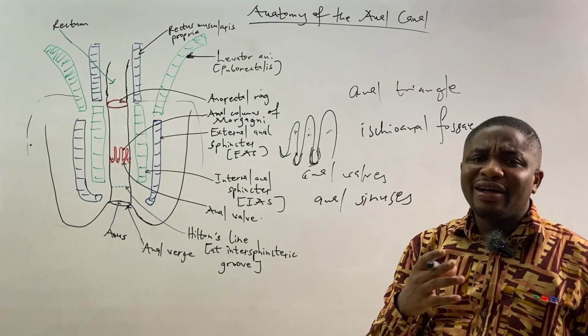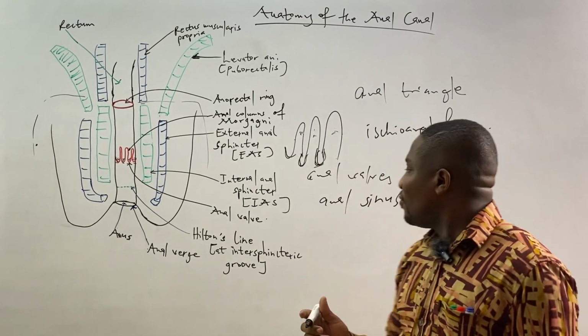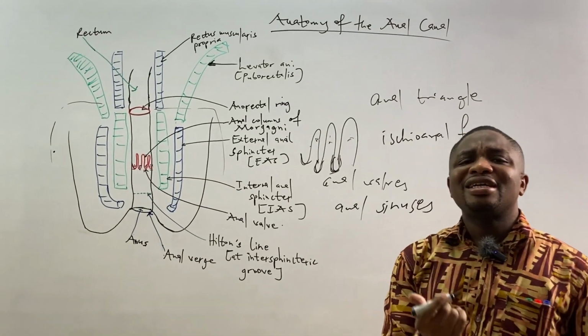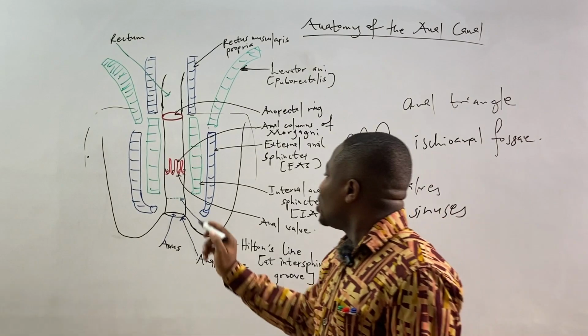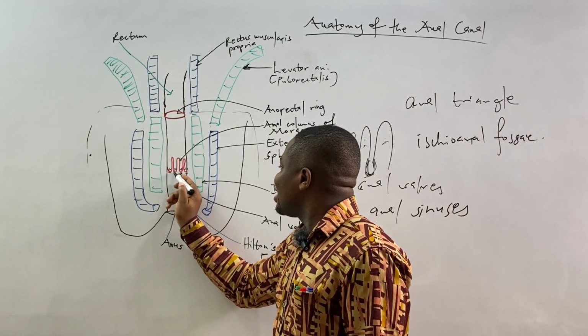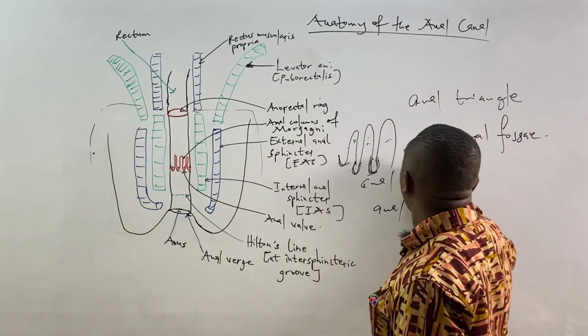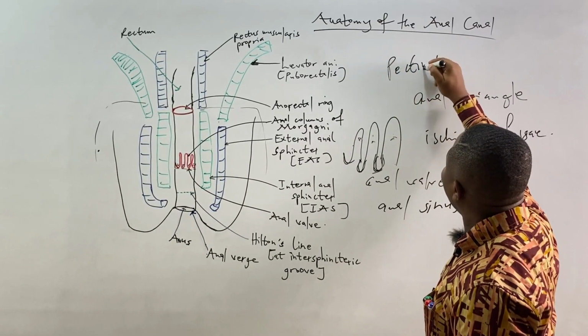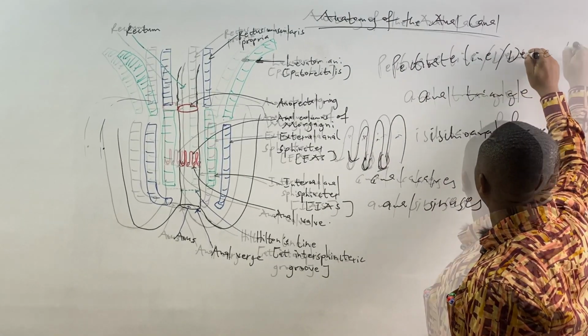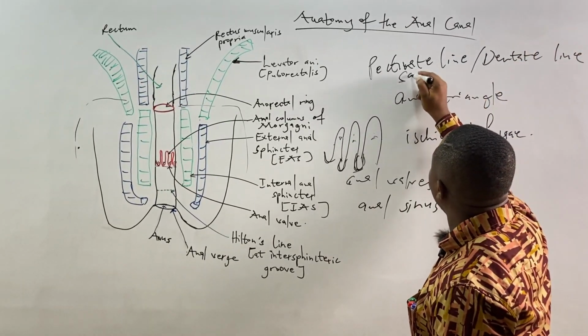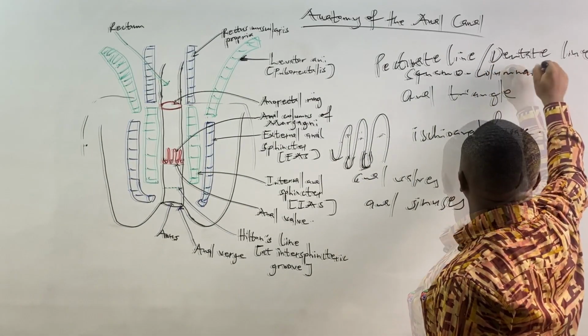Now, the anal valves, once again, form irregular circles known as the pectinate line. So the dash you are seeing here is what we call the pectinate line, or another name for it is the dentate line. We can also call it the squamo-columnar junction.